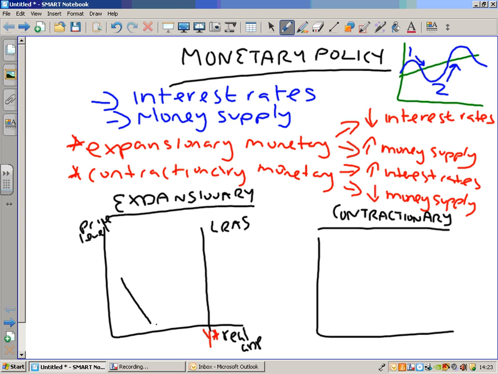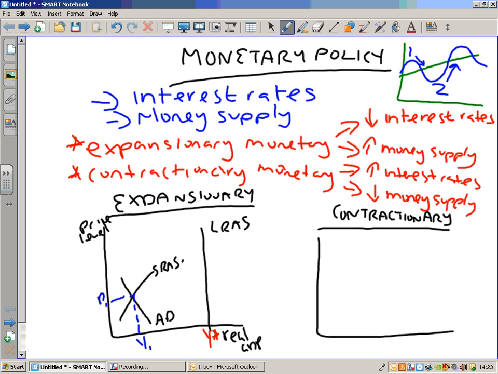If the economy is down here, we can see that we are nowhere near our production possibility boundary. This is likely to occur at number 2 on the economic cycle in a trough. We can see that the economy has very low output, probably has high unemployment and inflation way below the Bank of England's target of 2%.